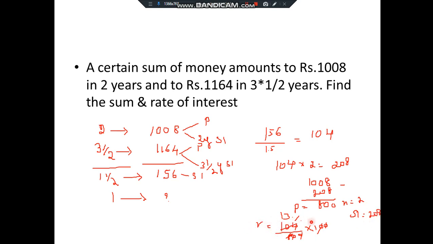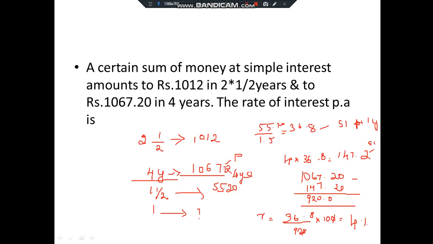I have one more question similar to it. We'll see that. A certain sum of money at simple interest amounts to 1012 in 2.5 years and 1067.20 in 4 years. Find the rate of interest. They haven't asked for the sum, but it is the basic mandatory thing that we will obviously find the principal, from which we'll find the rate of interest.